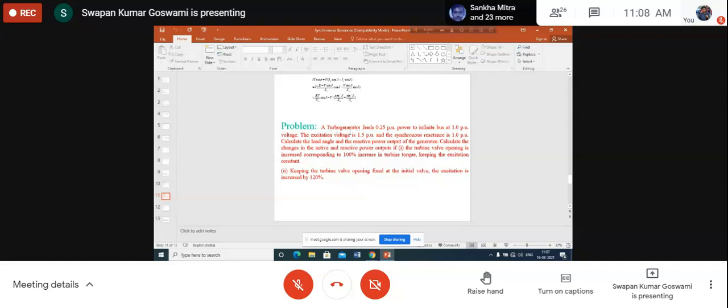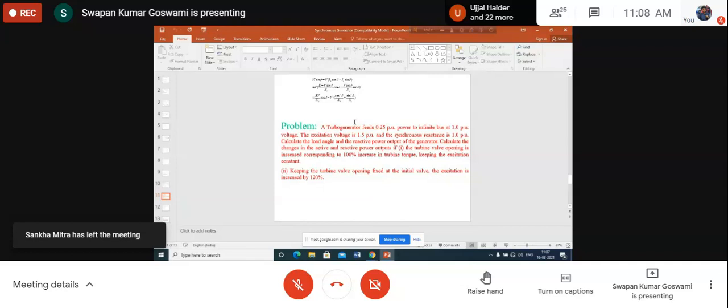The problem is: a turbo generator feeds 0.25 per unit power to an infinite bus at 1 per unit. So the turbo generator is feeding 0.25 per unit power. When we are talking about per unit power delivered by a turbo generator, then it is known to us that the power rating of the generator is the base power, because for per unit representation we need to define some base power and some base voltage.